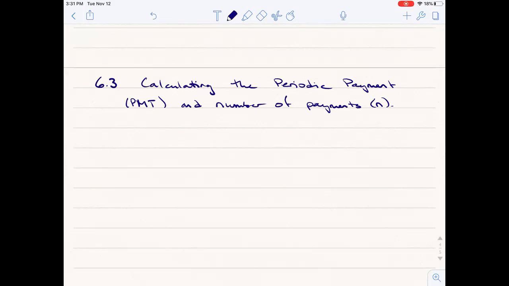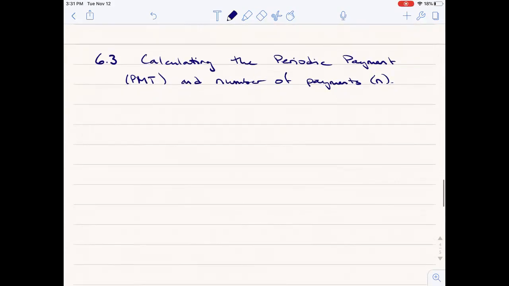Solving for PMT isn't that crazy, right? Depending on if we know the future value or the present value, you're going to use that formula, plug in all your values, and solve for PMT, right? There's no PMT formula on your formula sheet, but that's because the work is pretty simple. So we'll start solving for PMT.